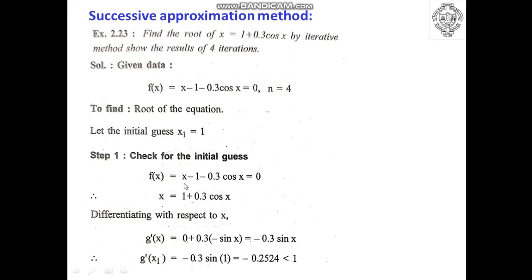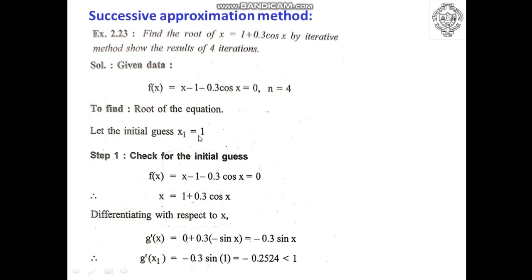My function is x - 1 - 0.3 cos x = 0, or you can write it as x = 1 + 0.3 cos x, and differentiating it with respect to x, I will get g'(x) = 0 + 0.3(-sin x), which simplifies to -0.3 sin x.